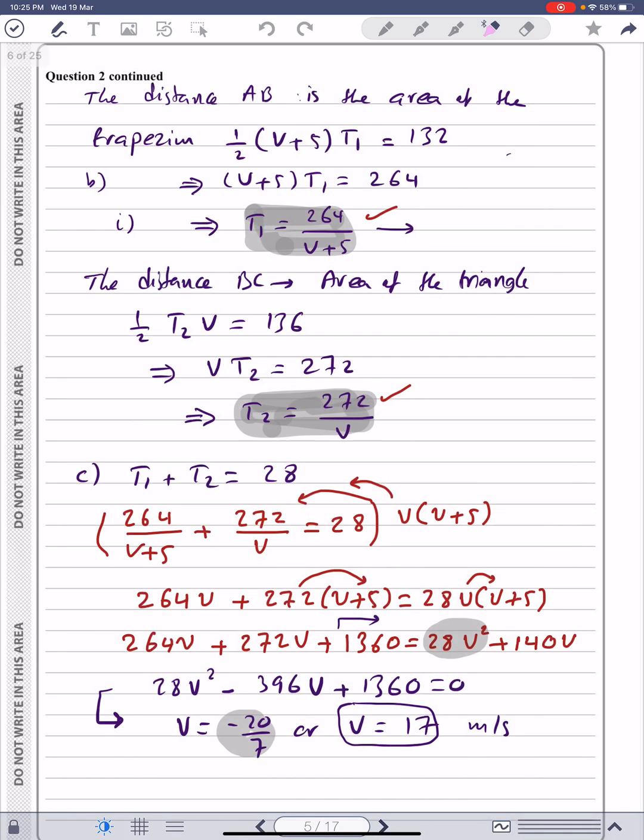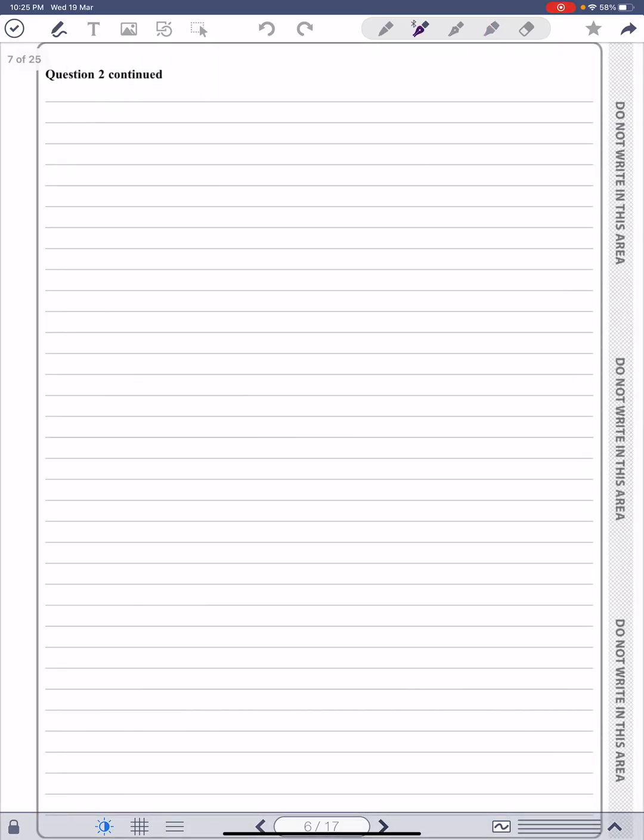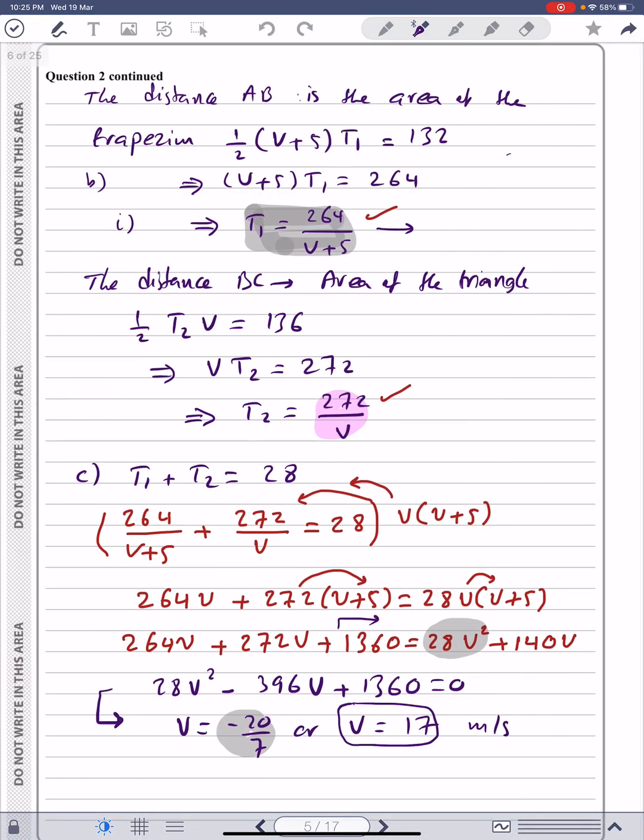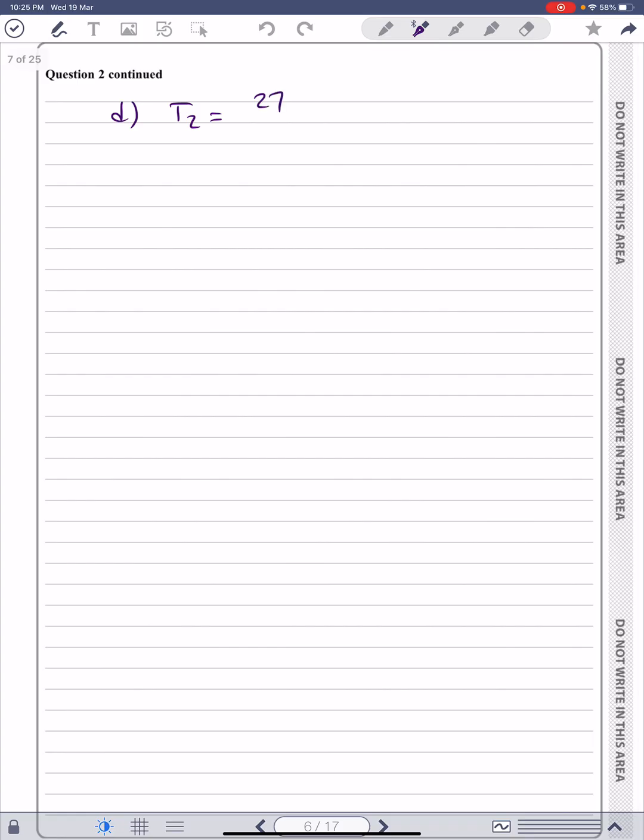So back to our formula that we derived, T2 in terms of V. For part D, next page, we know that T2 is equal to 272 divided by V. By replacing V by 17, you will get 16 seconds.